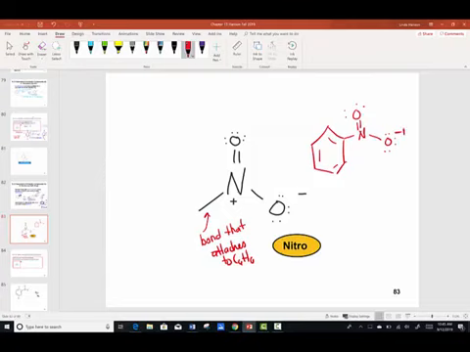And notice that this nitrogen only has 1, 2, 3, 4 bonds, but no lone pair. There's no dots there. There's no lone pair of electrons, and that's why you see a positive charge, because it has an empty orbital. So you'll see the positive charge on the nitrogen, a negative charge on the oxygen, and the site of attachment here to the benzene ring. This is the detailed drawing of a nitro group.